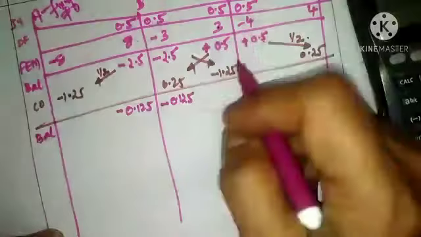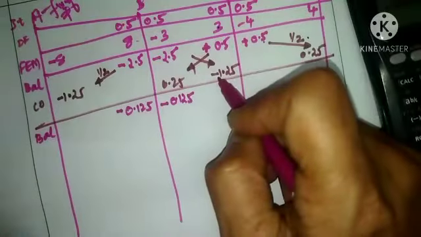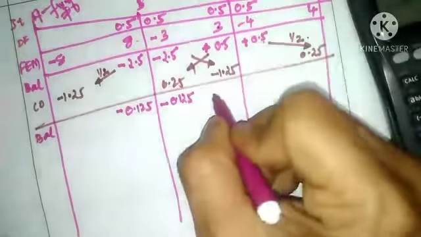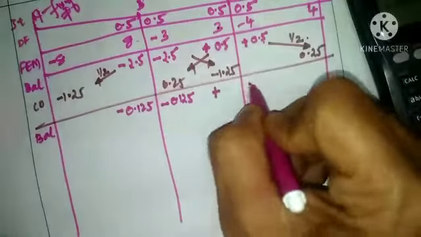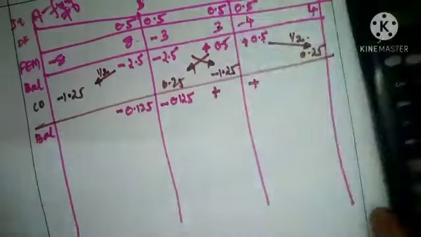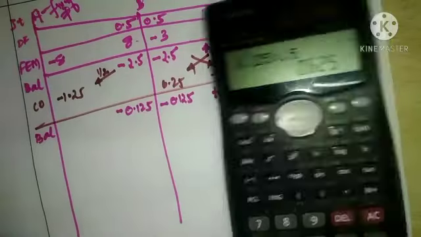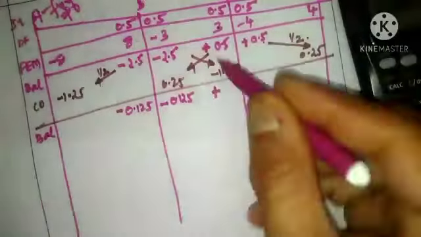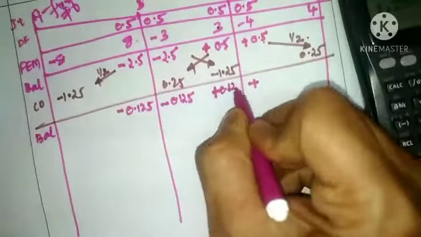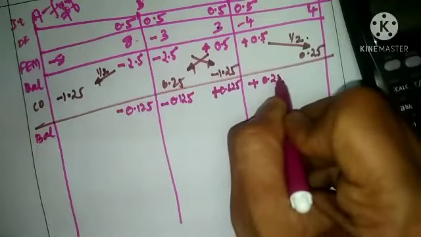Now if we check here, what is the sign we have got here? Minus. So what sign are we going to place here? Positive. So 1.25 multiplied by 0.5 comes as 0.625. So you can write it as 0.625.